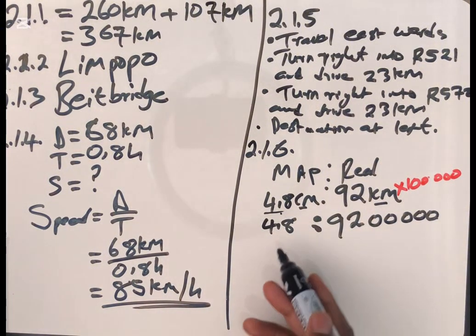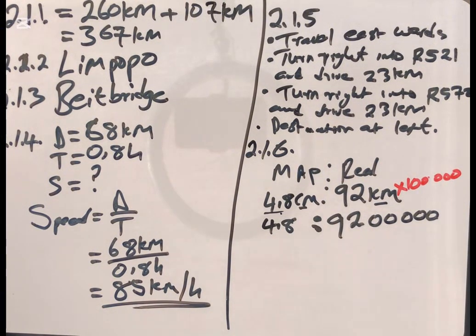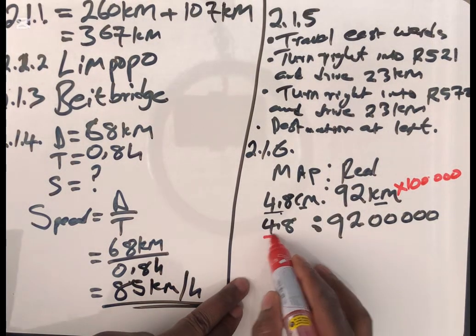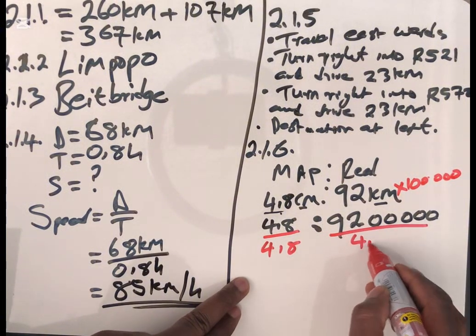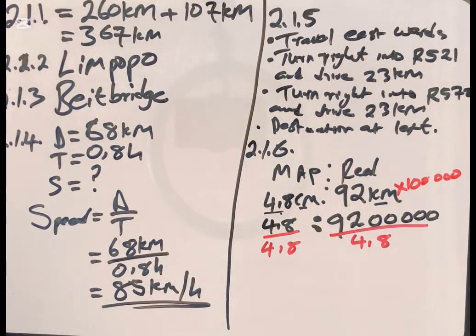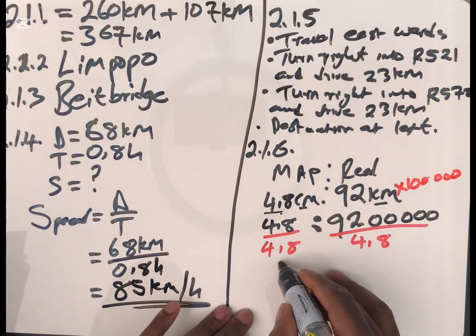You can just forget about the units, because we are looking for a number scale. You divide everything by the smallest number here, which is 4.8. Divide here by 4.8. 4.8 divided by 4.8 is going to give us 1.